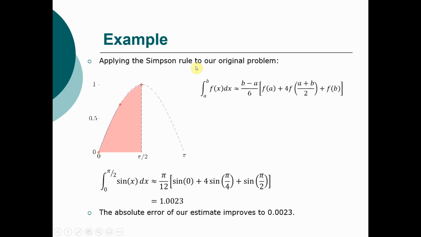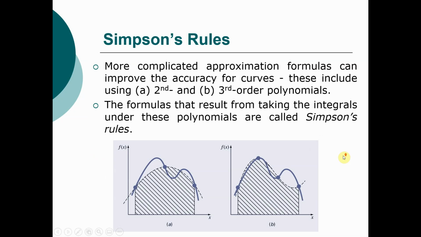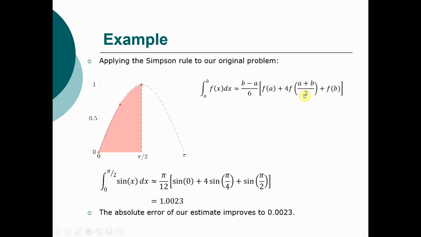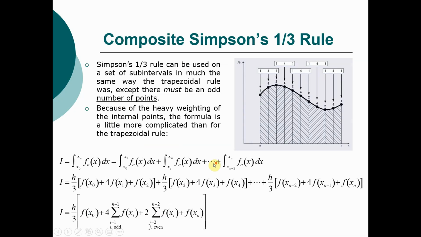In Simpson's 1/3 rule, we have to find the value of the function at 3 points. And in Simpson's 3/8 rule, like this one, we have to find the value of the function at 4 points. And accordingly, the amount of calculations that we have to do increases. But so does our accuracy.